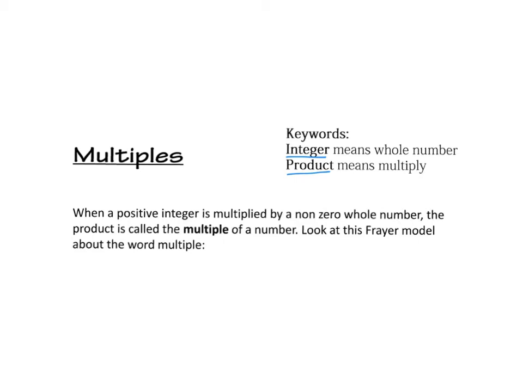Now multiples. When a positive integer, so that's a whole number, is multiplied by a non-zero whole number, so any other whole number, the product, the answer, is called the multiple. So I'll do that again. When a positive integer, 3, is multiplied by another whole number, but you're not allowed 0, 6, the product, that means the answer, is a multiple of these numbers.